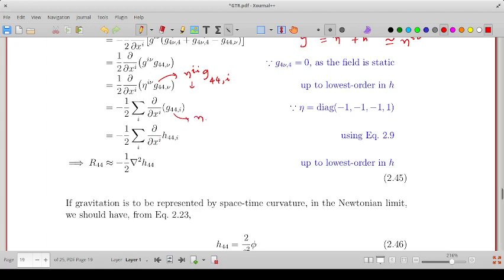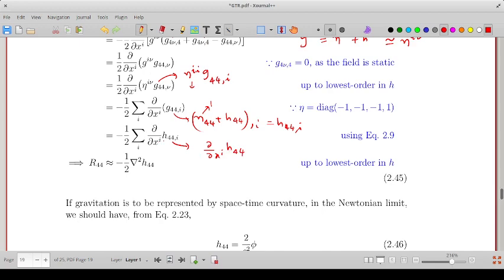But g44i is equal to eta 44 plus h44 comma I, but eta 44 is 1, so the derivative of this term with respect to xi is 0, and therefore this is equal to h44 comma I, and this now becomes minus half sum over I d by dxi of h44 I. Now what is h44i? This is equal to d by dxi of h44.